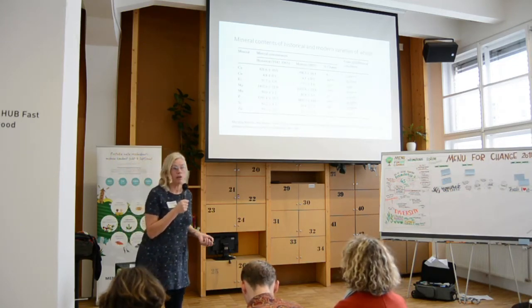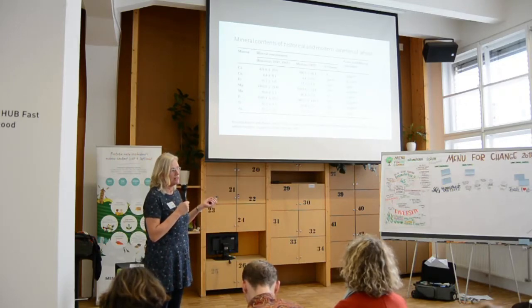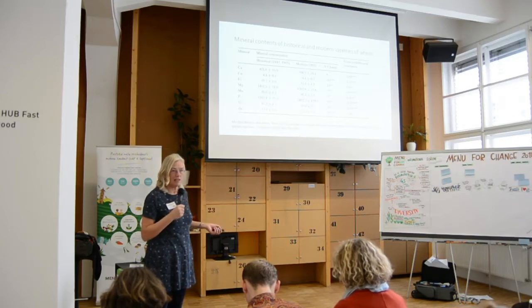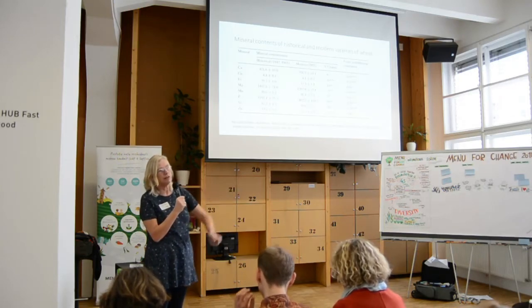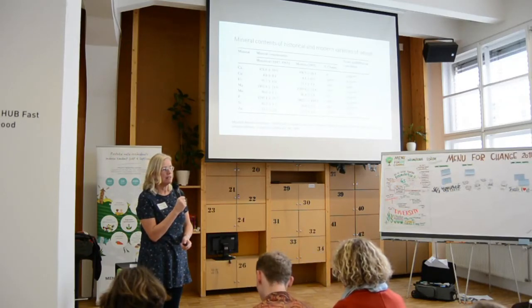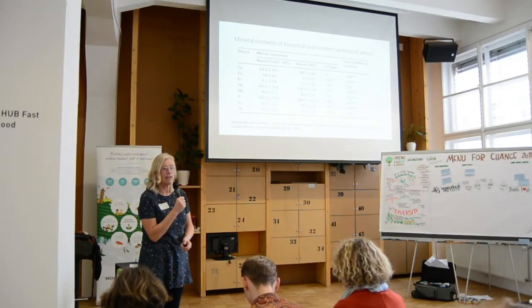Now this is an important point here, that as the yield or the productivity of the wheat increases, so the mineral content comes down. This is something that we call a dilution effect.